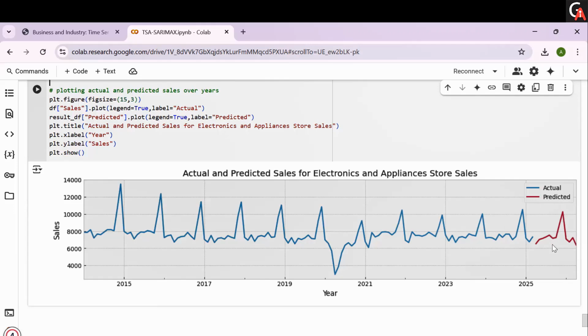So our SARIMAX model has identified this seasonal pattern and accordingly predicted the values. That's all about using the SARIMAX time series model for predicting the sales for an electronics and appliance store.